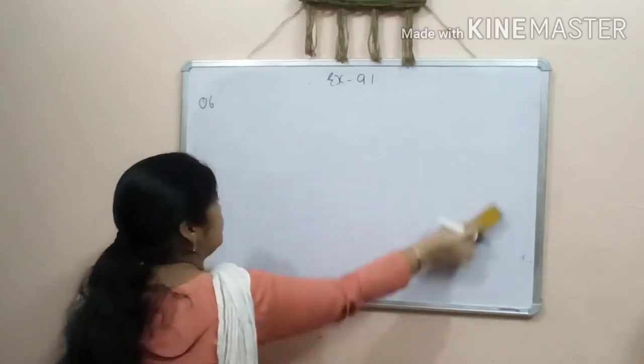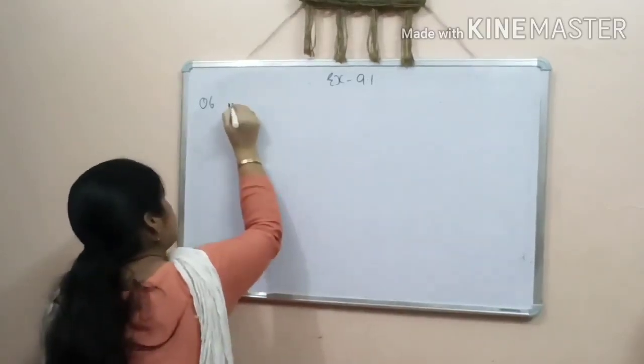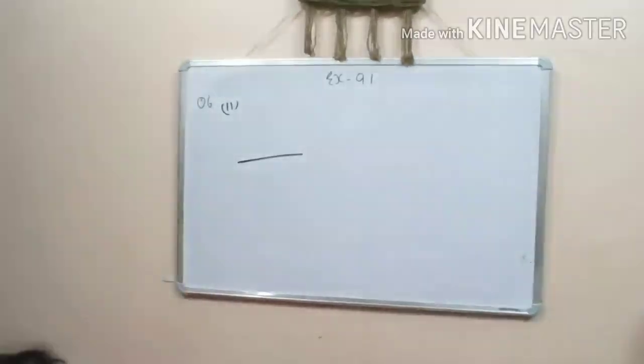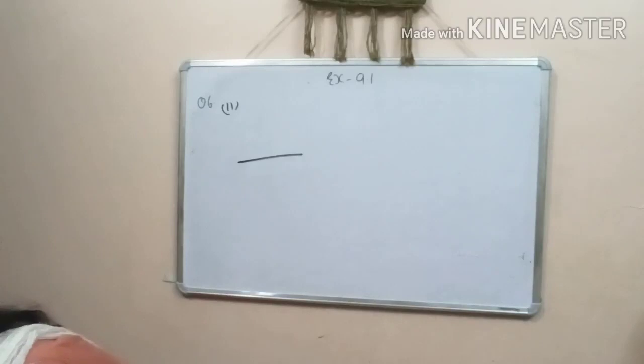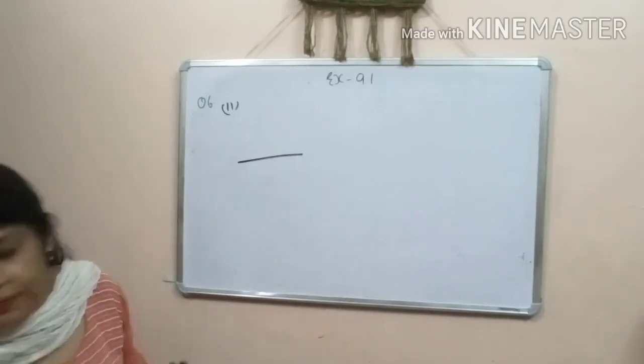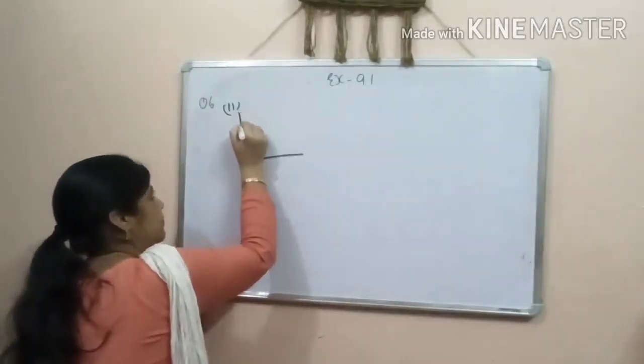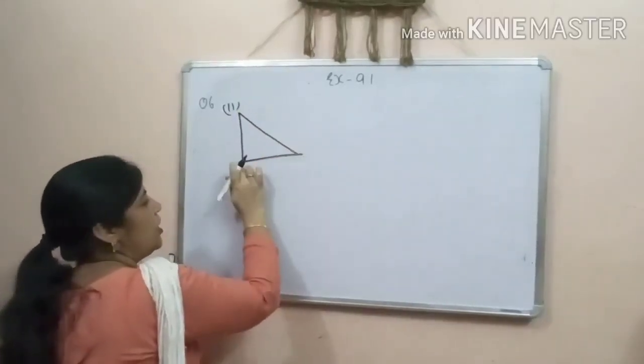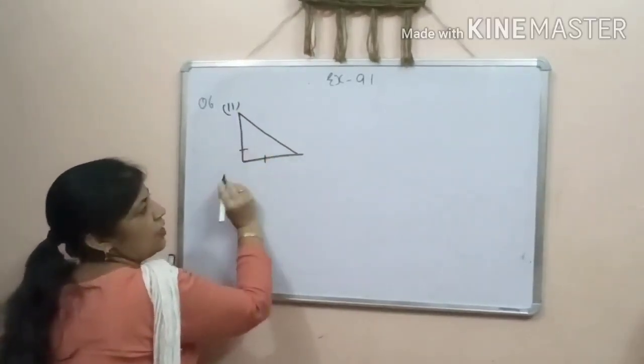Second part. In the second part, the figure is like this. A right angle triangle is given to you. These two sides are equal.